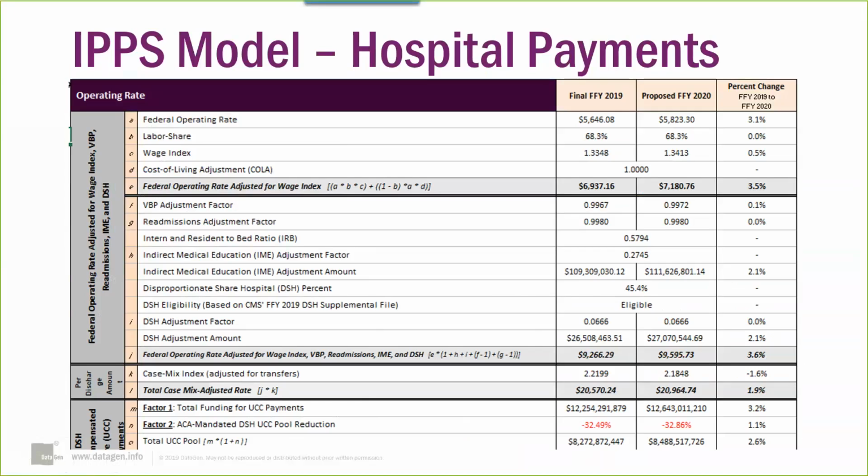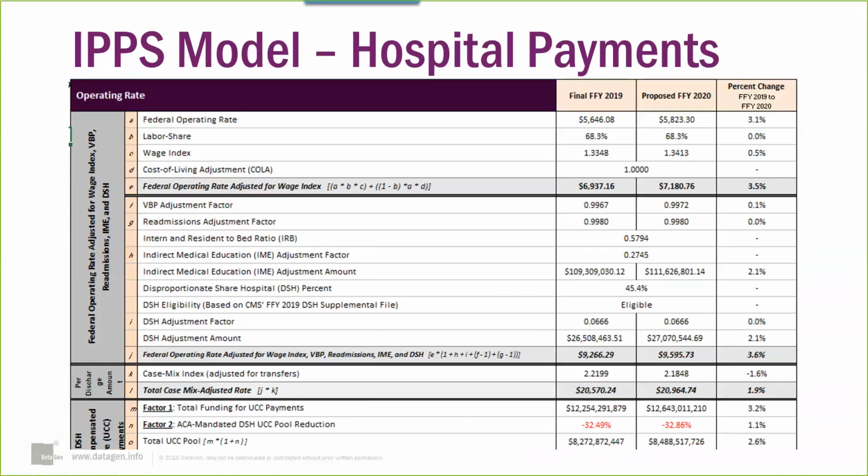The next page of your analysis includes how we arrived at these endpoints, including the component pieces for the federal operating rate, the wage index, the labor share that you received of that wage index, and the adjustment factor that you would have received in 2019 and proposed to receive in 2020.